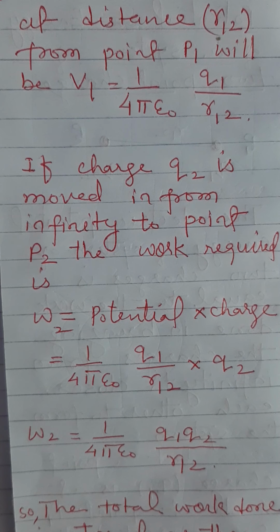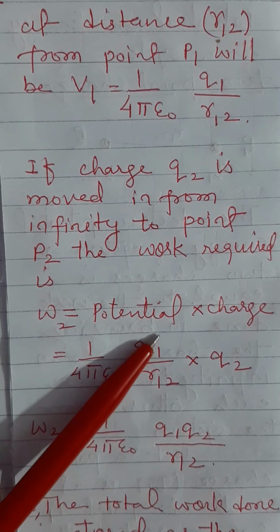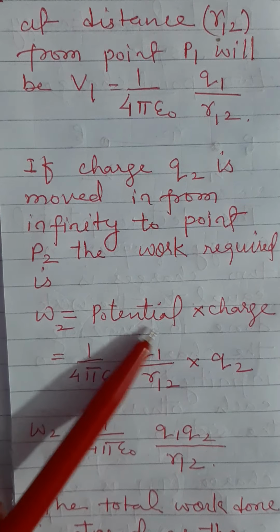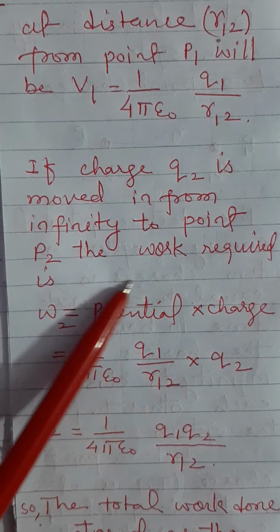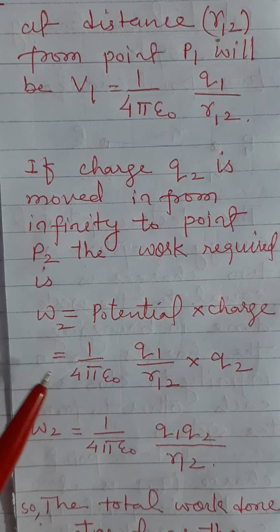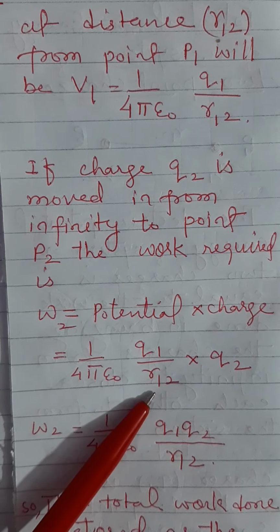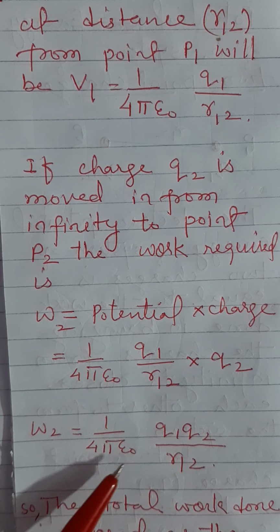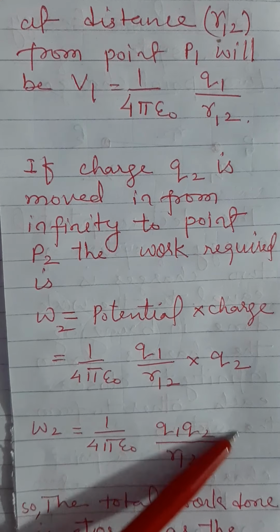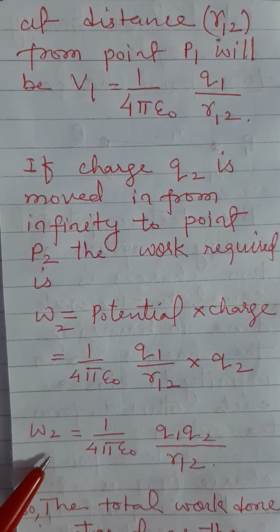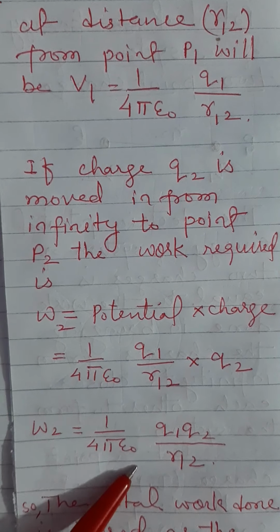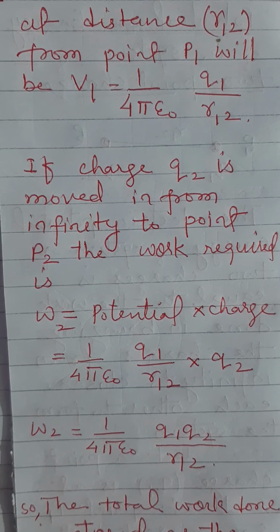If charge Q2 is moved in from infinity to point P2, the work required is W2 equals potential into charge. Here the potential is due to charge Q1. So the work done W2 is equal to 1 by 4 pi epsilon naught Q1 by r12 into Q2. So the work done for charge Q2 is W2 equals 1 by 4 pi epsilon naught Q1 into Q2 by r12.